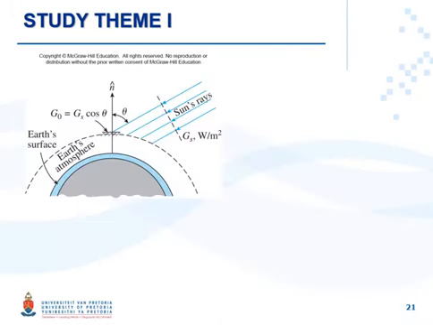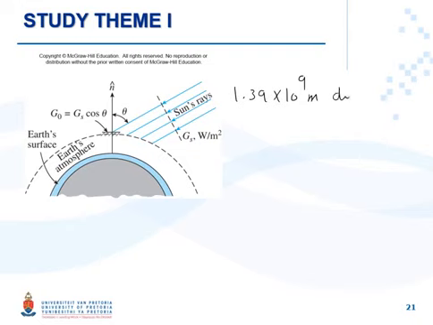Here you see that the sun is nearly a spherical radiation source that is 1.39 multiplied by 10 to the power of 9 meter in diameter.